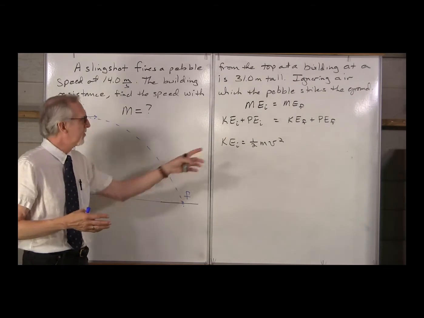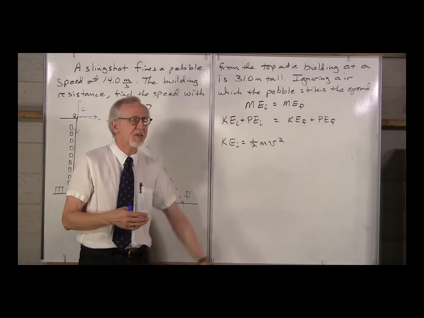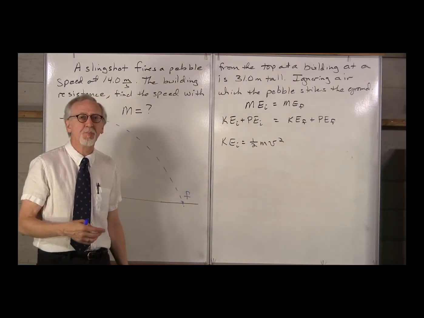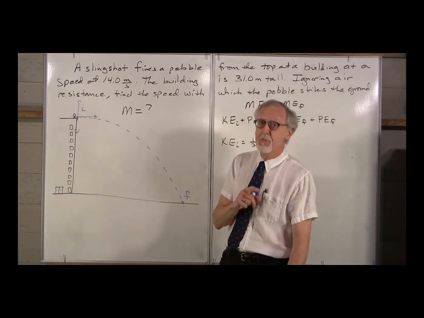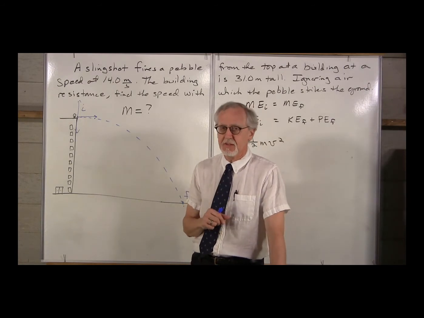How can we solve for the kinetic energy and then all these other things if we don't know the mass? This is a problem you might run into on a number of occasions. Now let's think about this.